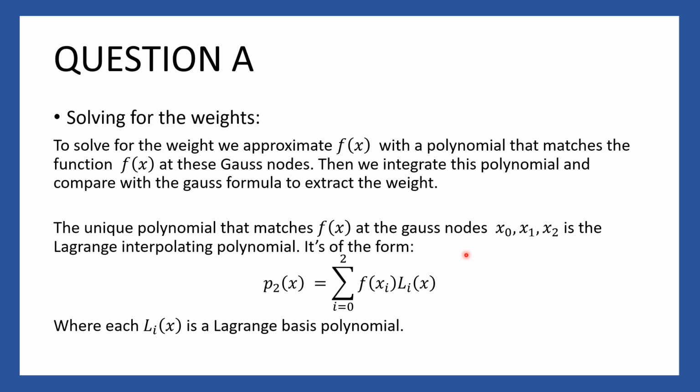And so that's why we come back to this. So the polynomial that we are going to use to get our weights is of the form P2 of x equals the sum from i equals 0 to 2 of the product of f of xi and li of x, where li of x is a Lagrange basis polynomial.